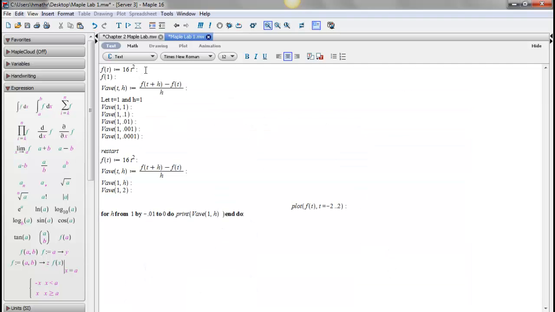this information in Maple. So first, in order to introduce a function, you would have to be in math. Then you type in f of t colon equal sign 16t squared, and notice that this colon basically tells Maple not to compute until you are ready.